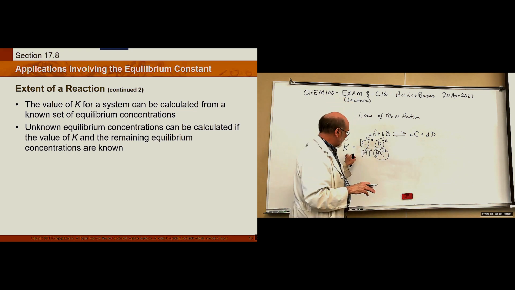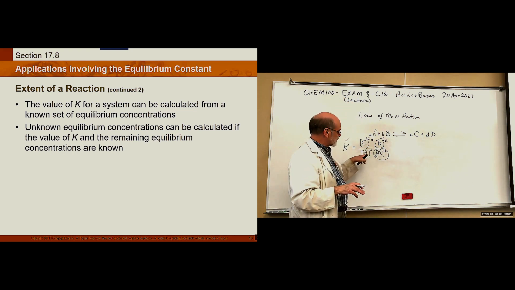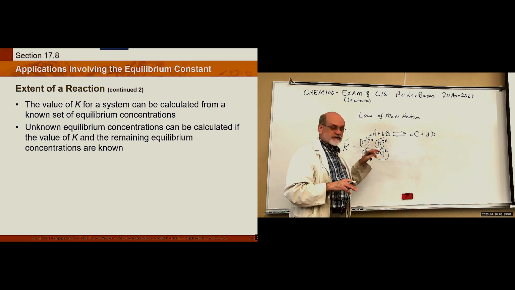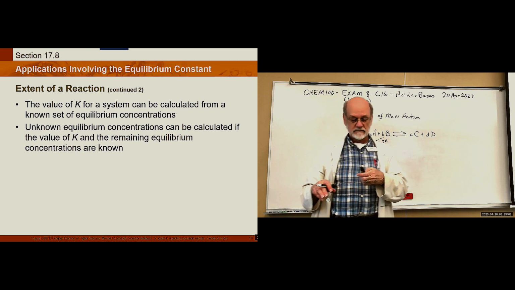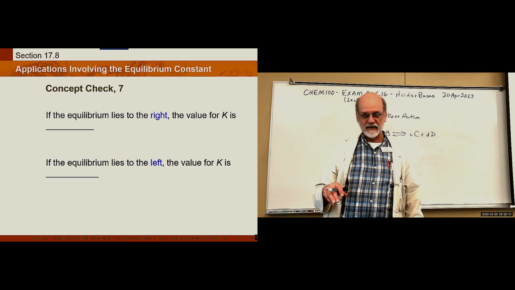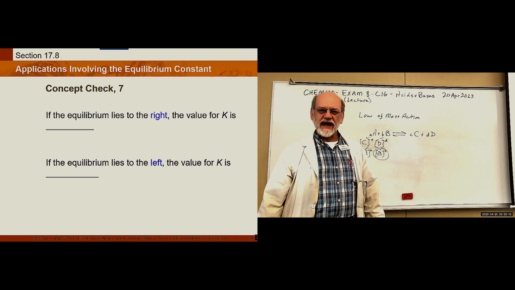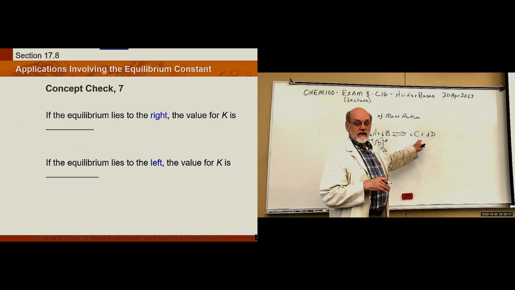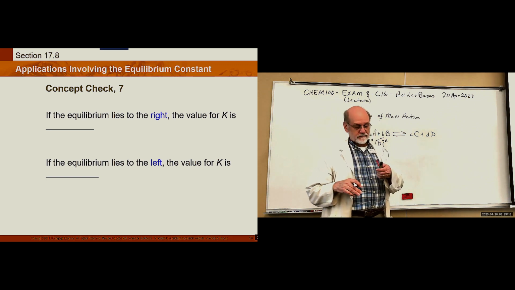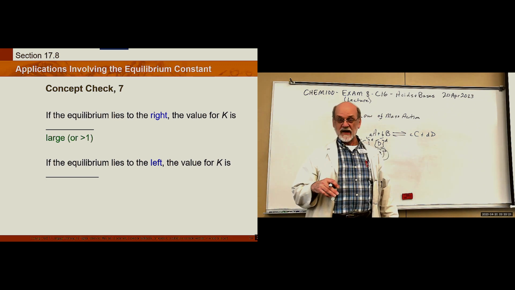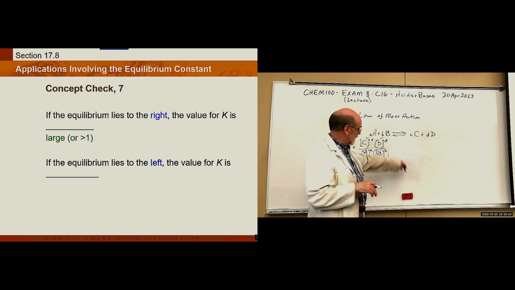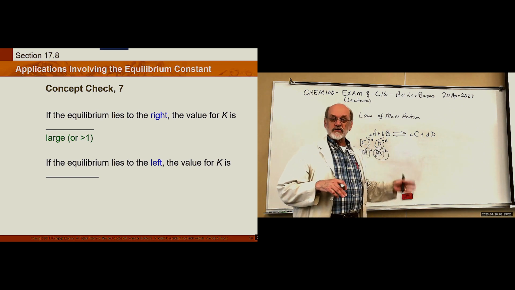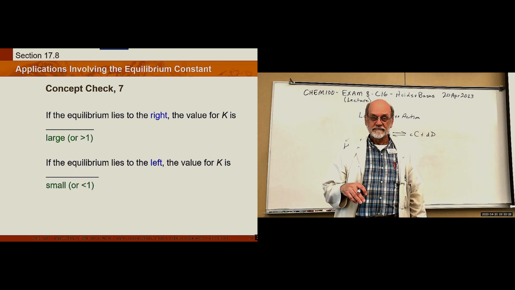So if you know the K, and you know the equilibrium concentrations for the rest of them, you can solve for the unknown one. So if the equilibrium lies to the right, the value of K is very large. If the equilibrium lies to the left, then the value should be very small.